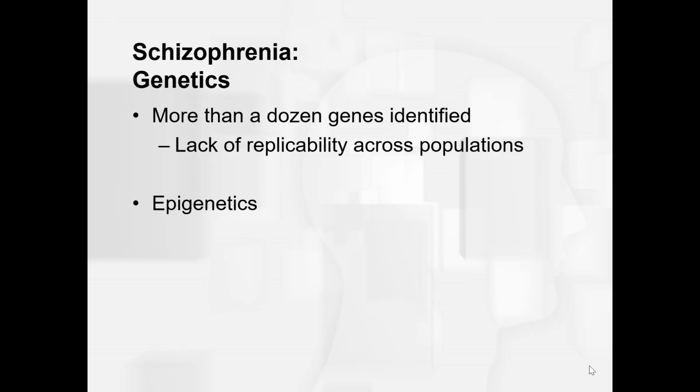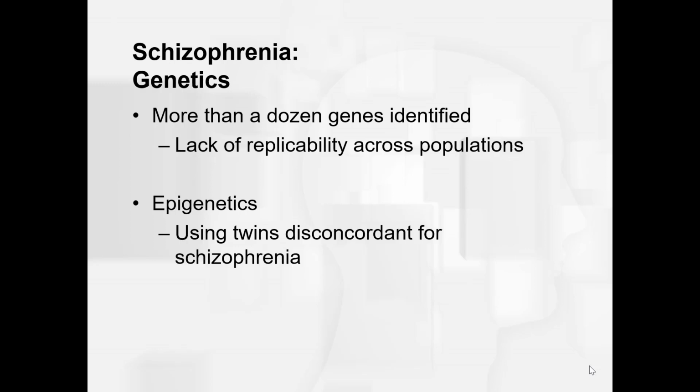So in order to study this epigenetic process, if we use twins that are discordant for schizophrenia, and we look for and find DNA methylation at several genes, it suggests that perhaps it's this idea of epigenetics that's contributing to any differences that we see, and the problem with finding one gene, because it's not a gene per se, it's epigenetic changes that end up resulting in a person developing schizophrenia.